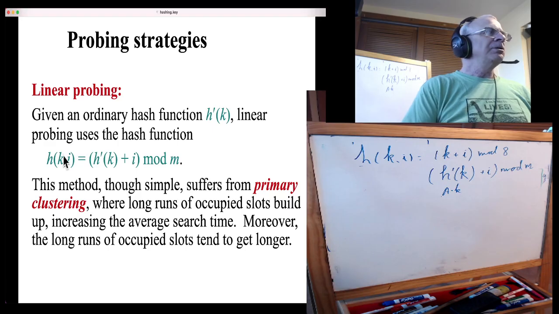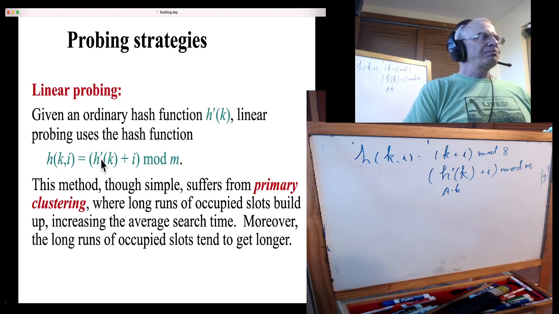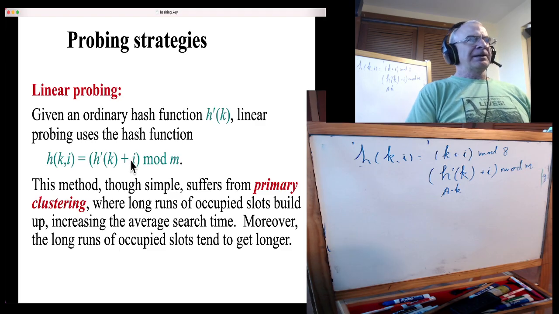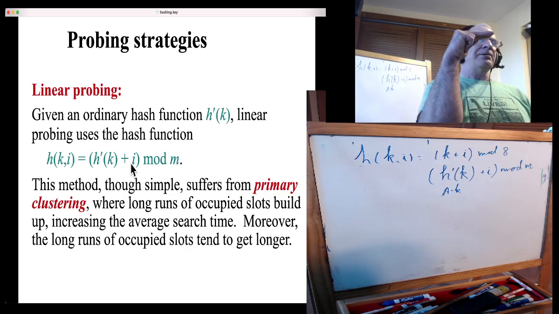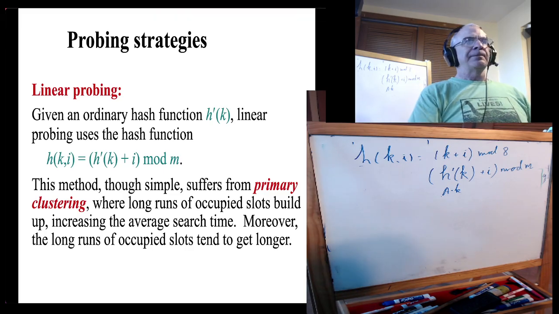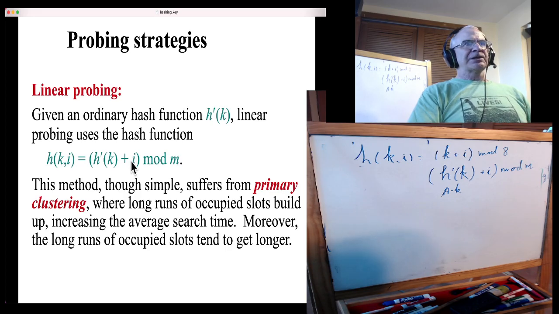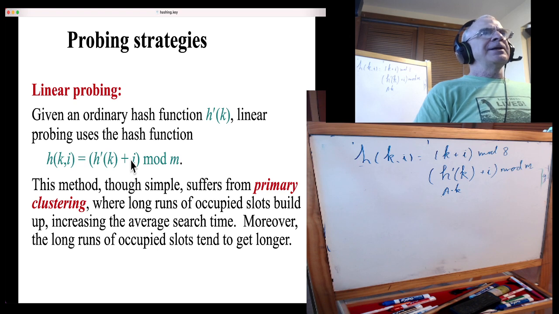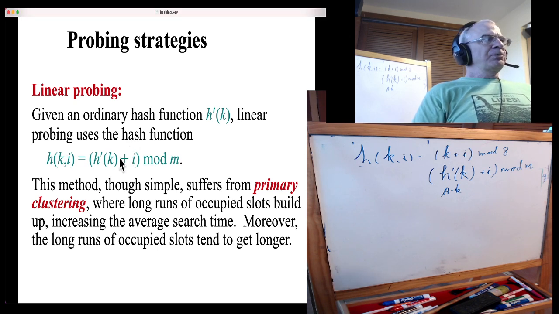Well, it's a very good hash function, h prime of k plus i modulo m, which just means if I try one location to insert my key and this place is occupied, I'll just move to the next place, one down in the table, one down, etc. It's a great hash function if your goal is to explain to students how to use double addressing, how to use this two-parameter hash function.